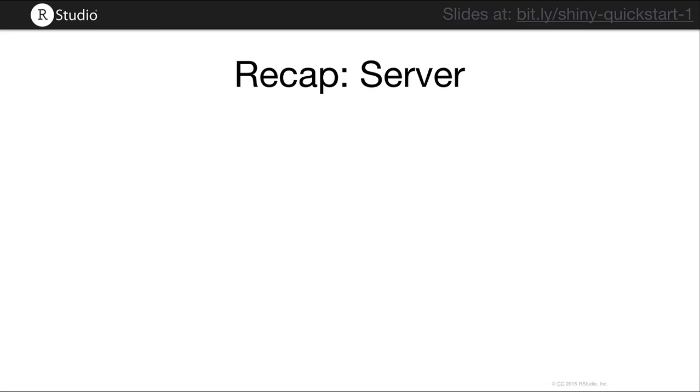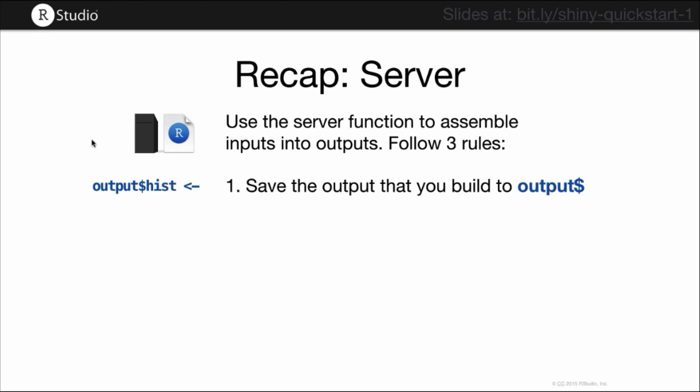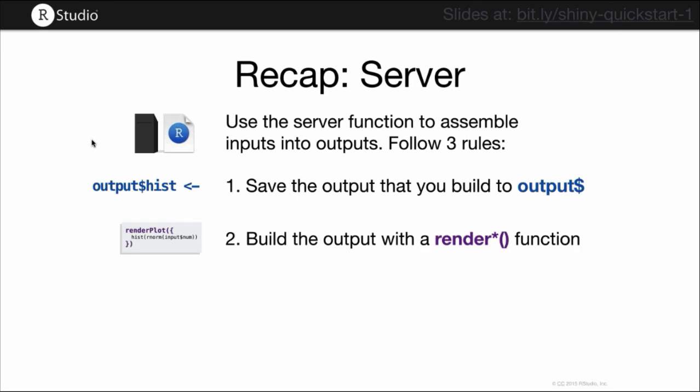So let's pause for a moment and just recap what we learned about the server function. You use the server function to assemble your input values into outputs. And when you do this, you should always follow the same 3 rules. First, save the output that you want to build to the output list. If you do that, the output will be accessible by the UI object when you call plot output or text output or whatnot. Second, build the output objects with the render function.